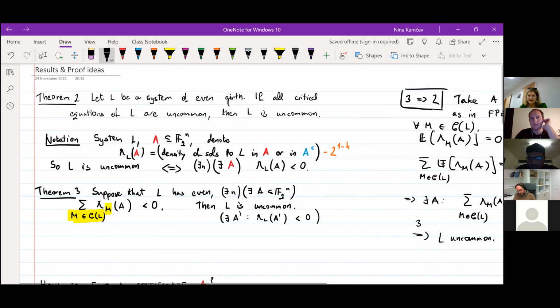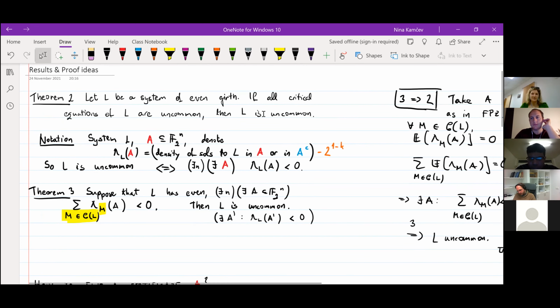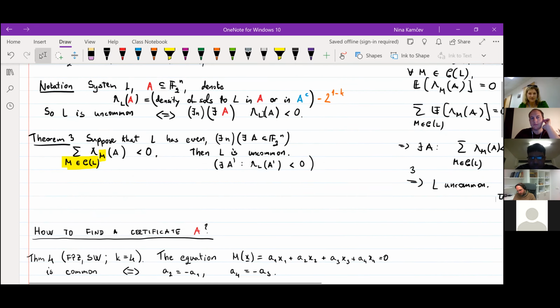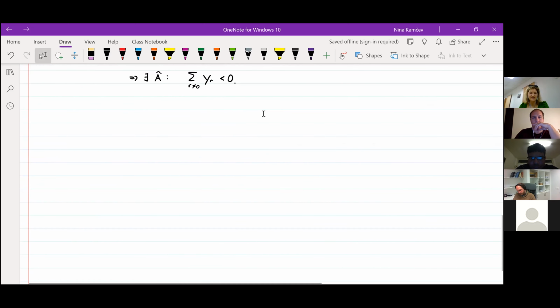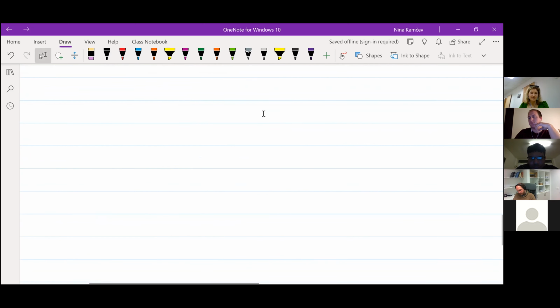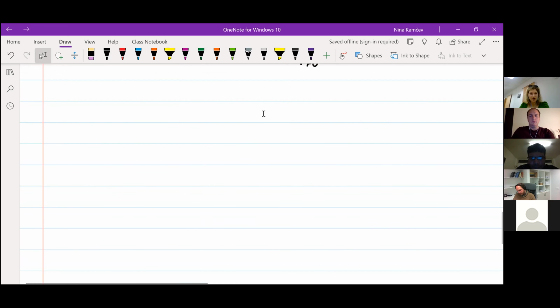Okay, so that's the end of the proof sketch that I want to show you. So going back to the conclusion, just recapping what I just said. The main point of this theorem was that once again, suddenly you can steal techniques from Fourier analysis and things that work for a single equation and apply them to large equation systems.